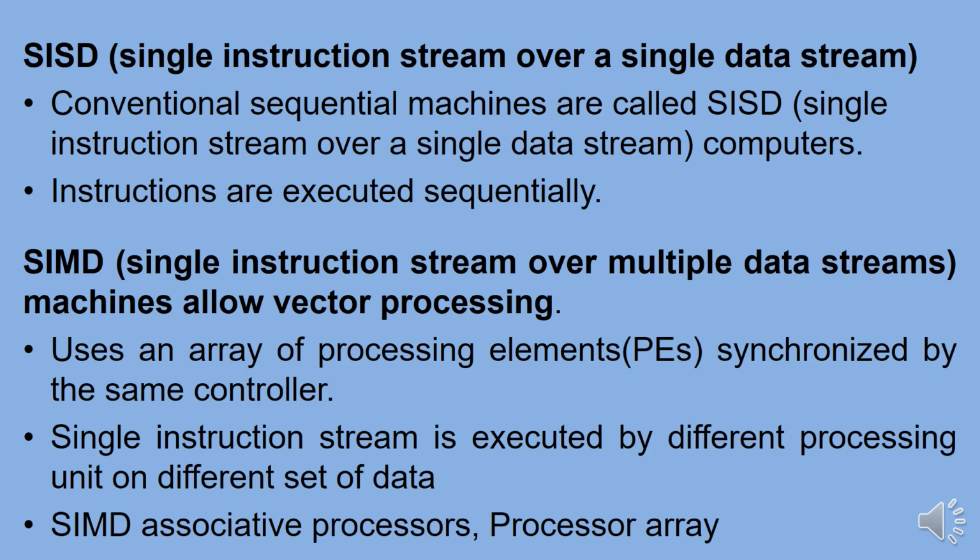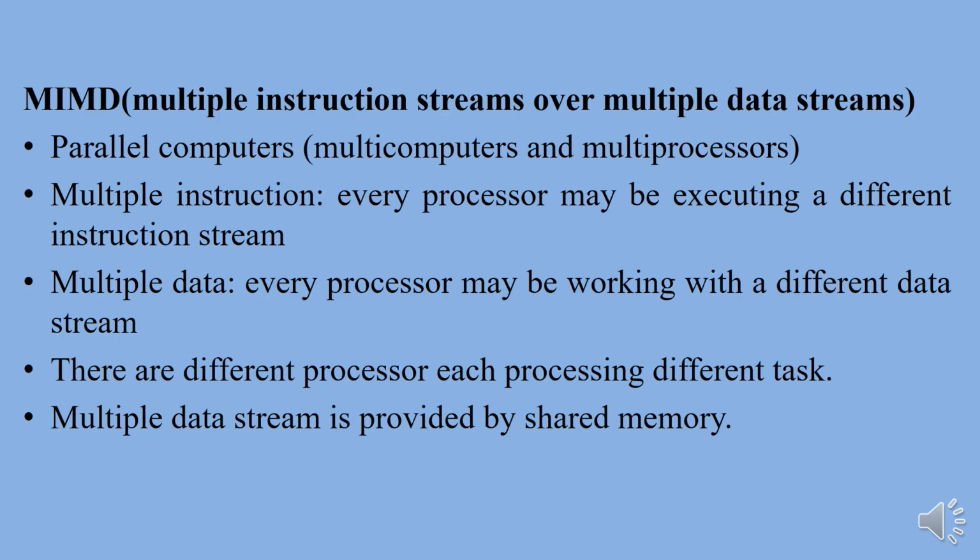SIMD uses an array of processing elements synchronized by the same controller. A single instruction stream is executed by different processing units on different datasets. In MIMD, parallel computers like multicomputers and multiprocessors are used.